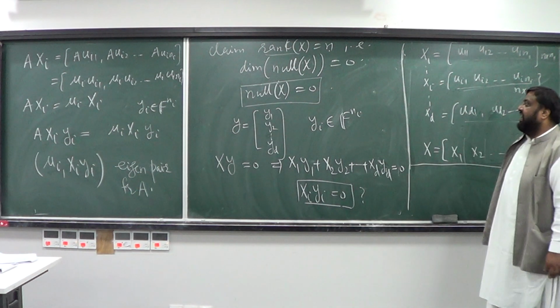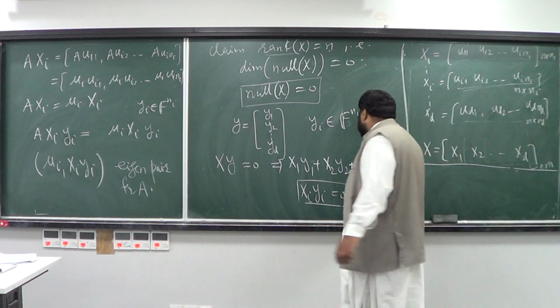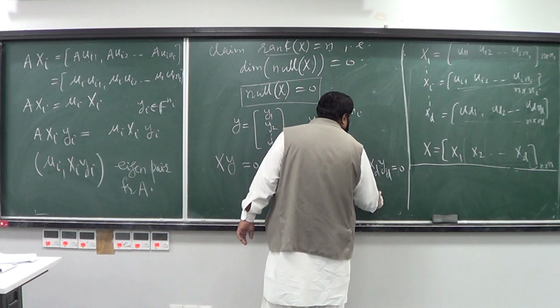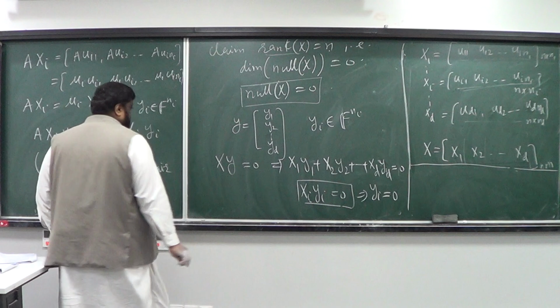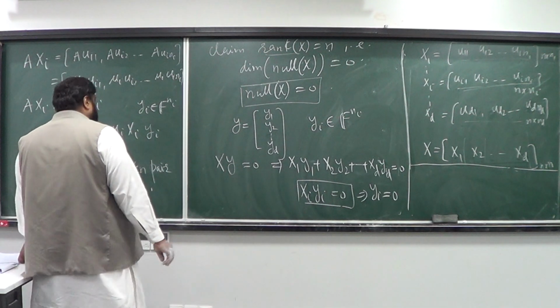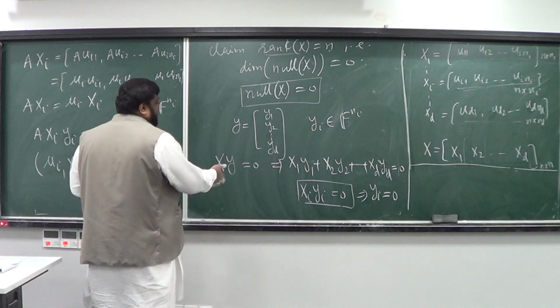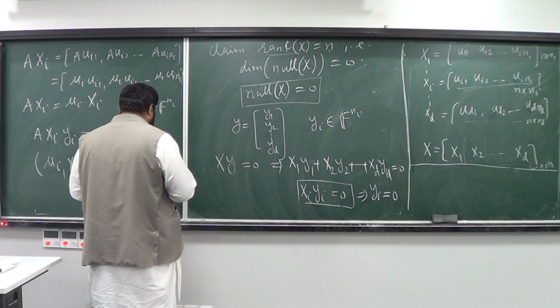And if each one of the summands has to be 0, what is this going to imply? This is going to imply that yi is equal to 0, because xi's are not 0.